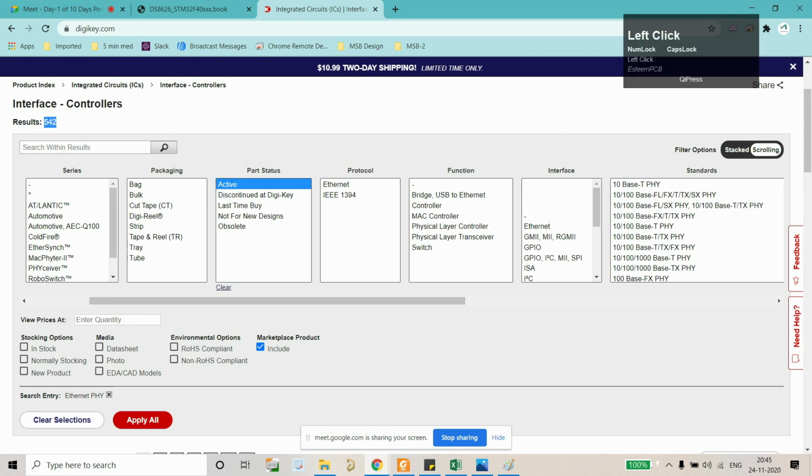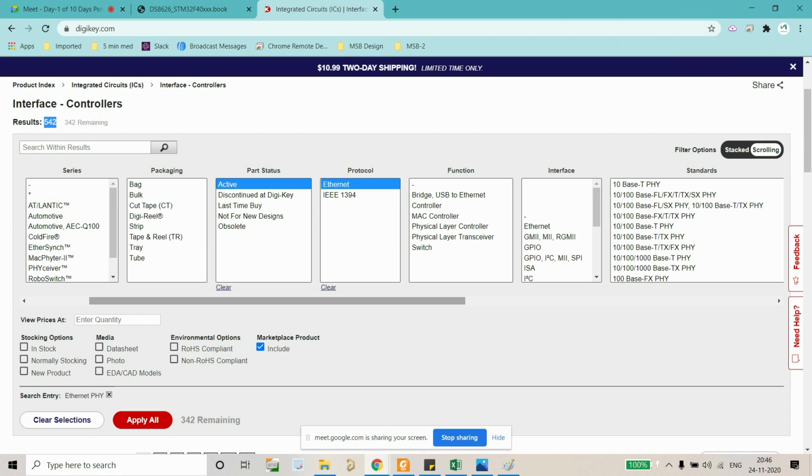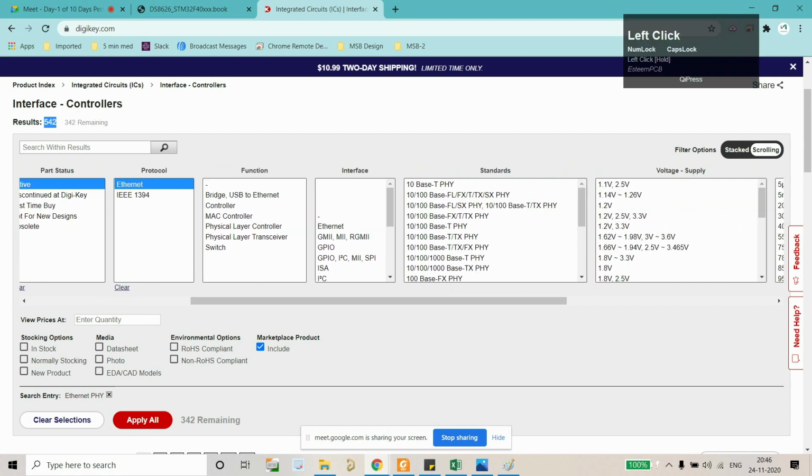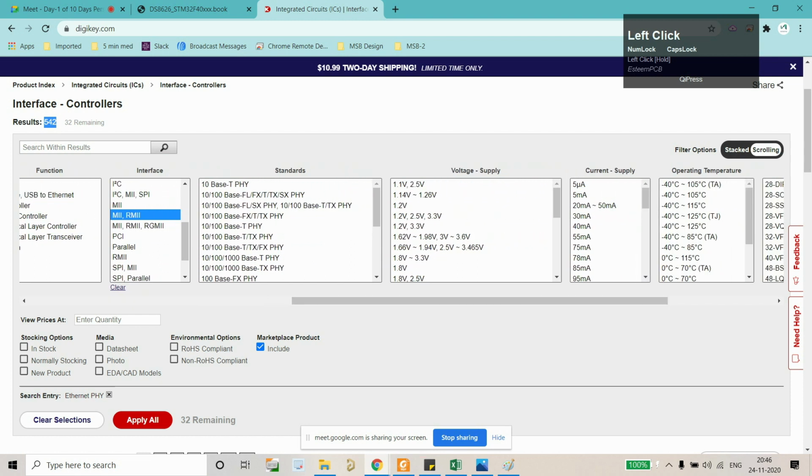So firstly we'll filter out all the active parts out of those 500-something parts. Again, we need the Ethernet protocol here, right? Another filter that we can apply is that it should have MII and RMII because STM supports both. Okay, we'll also filter the voltage supply because it has a lot of voltage variants.